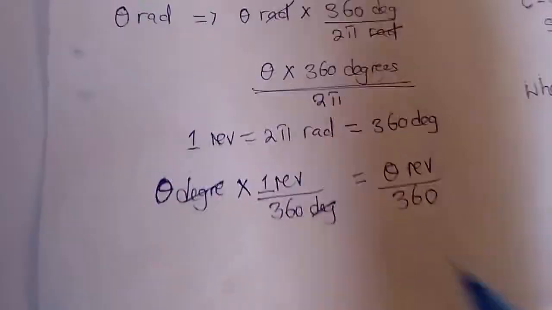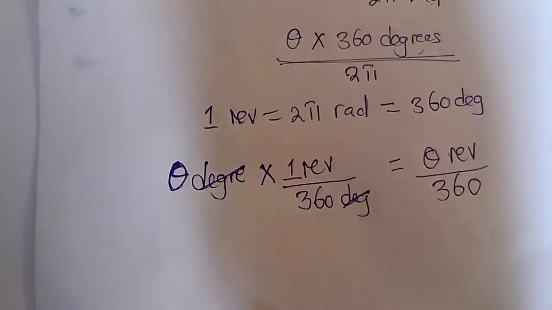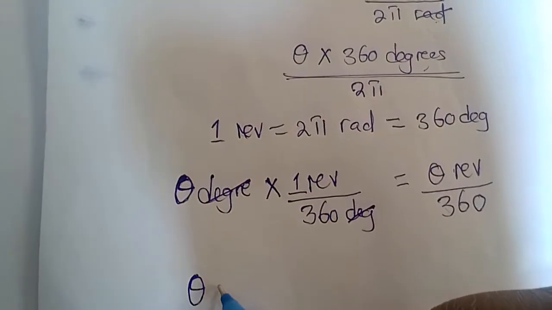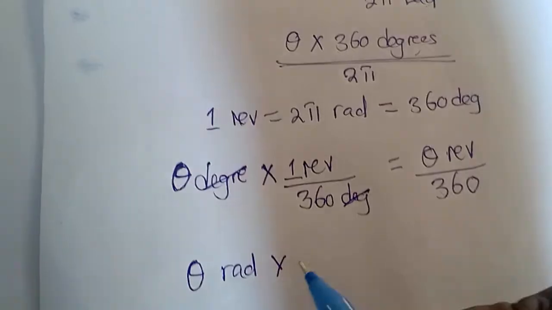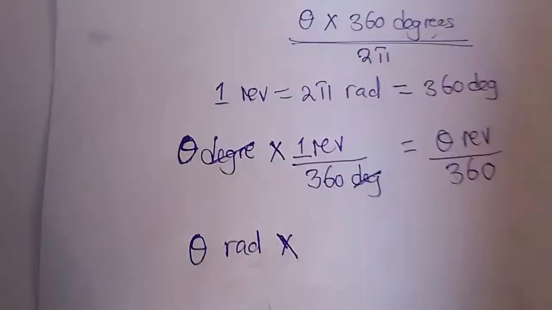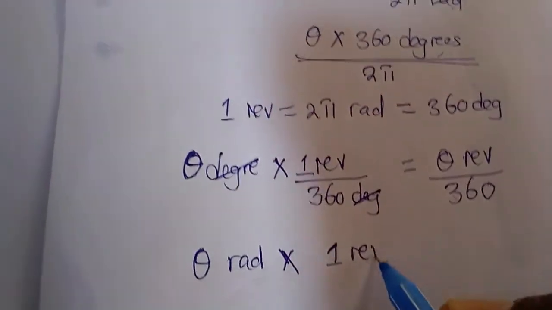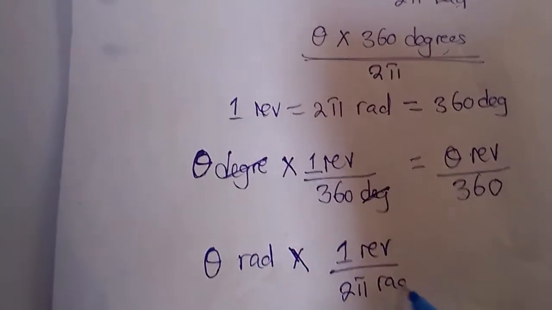The same with radians. If I want to convert an angle theta in radians to revolutions, I will simply multiply it by one revolution divided by 2 pi radians.